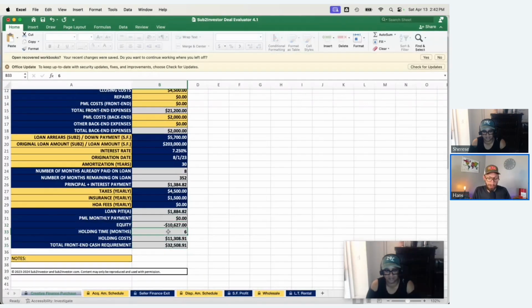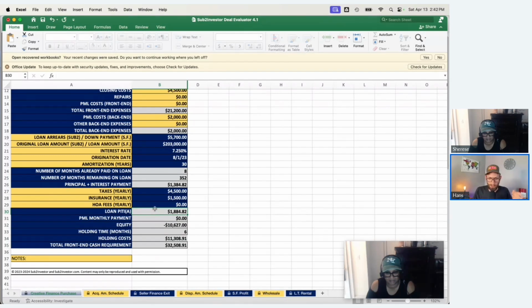But then here's how I would calculate what I need to borrow. Essentially, it has to do with your holding time. So 6 months holding time, you could change it to 3 months. What this is going to do is, you need to make an $1,884 monthly payment every single month.